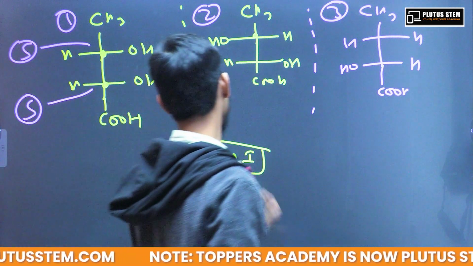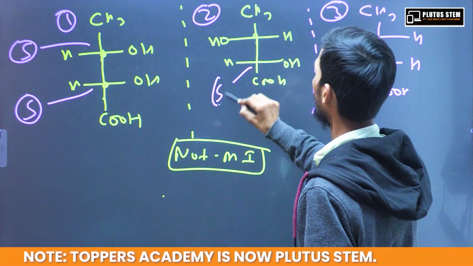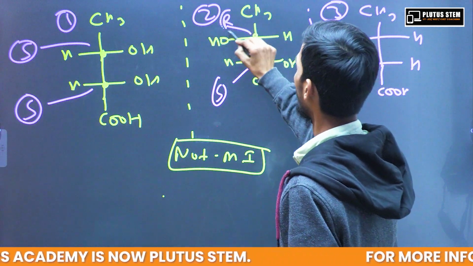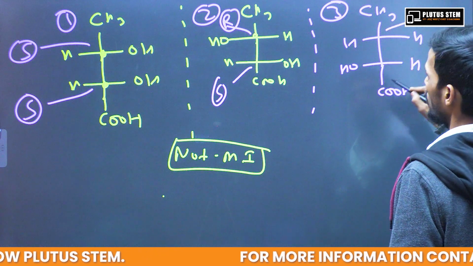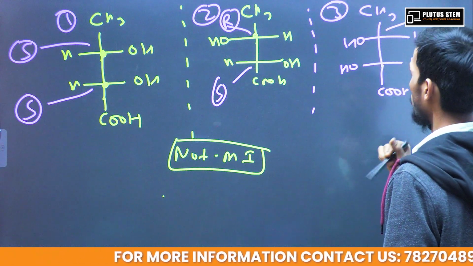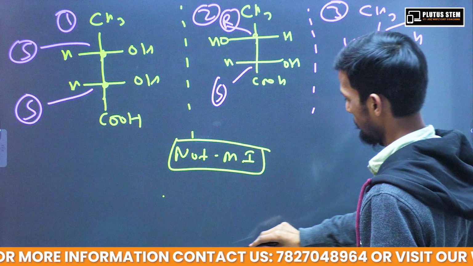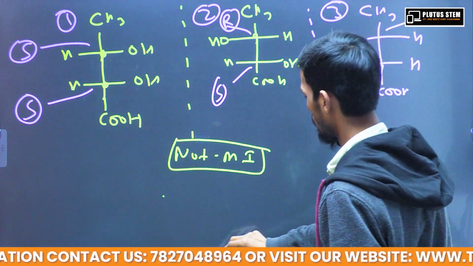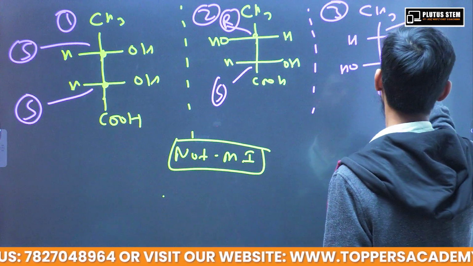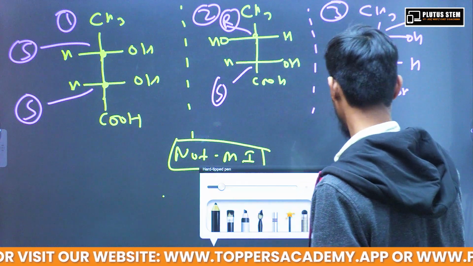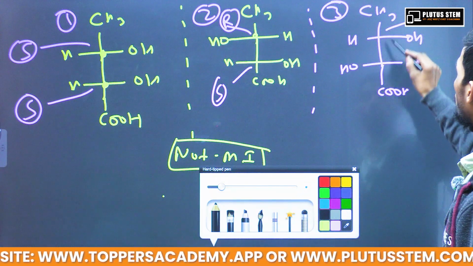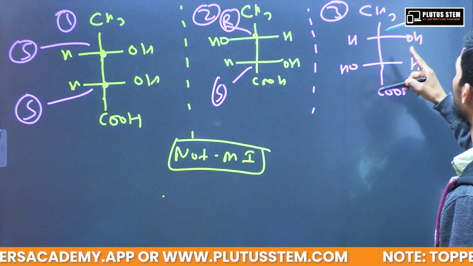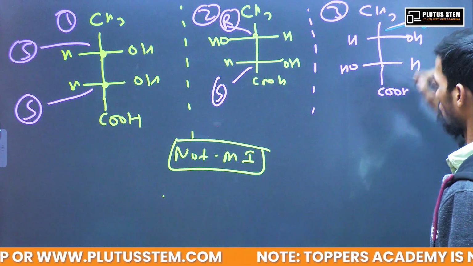So if you come over here, this one will be S and this one will be R. So if you visualize over here, this one will be R, sorry.